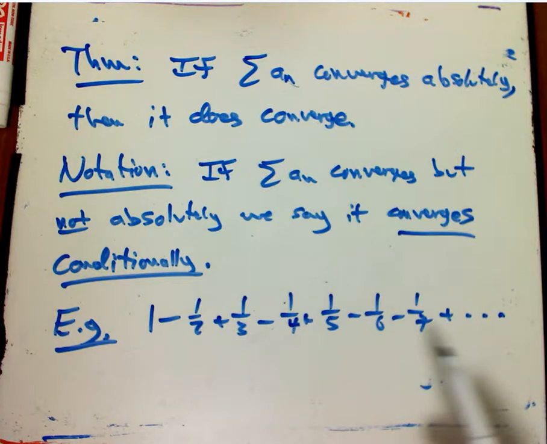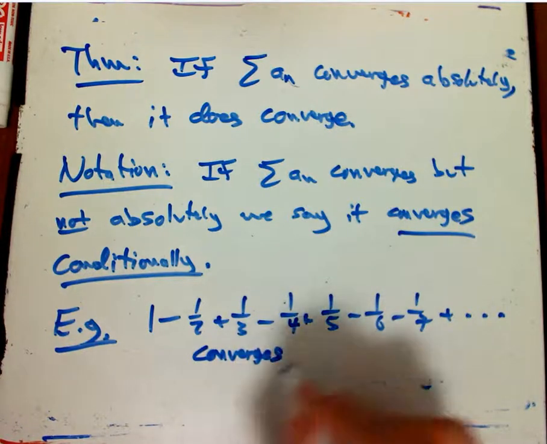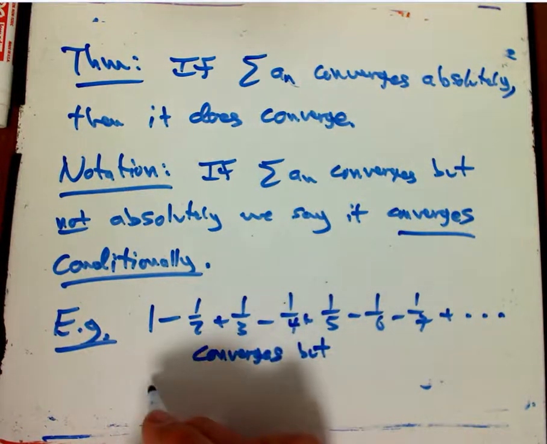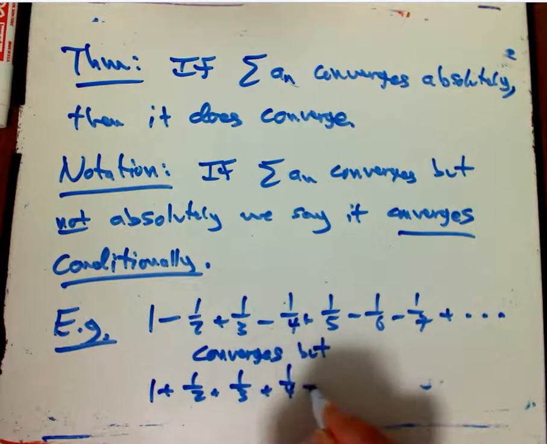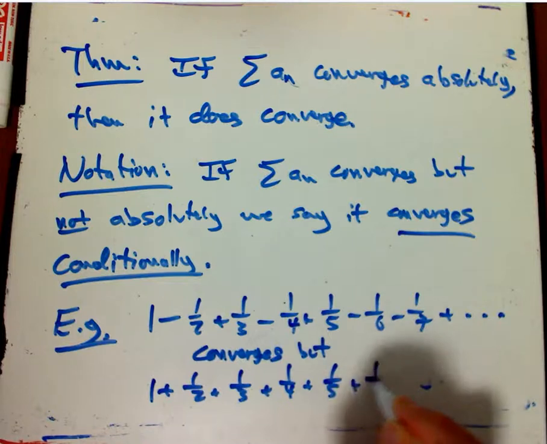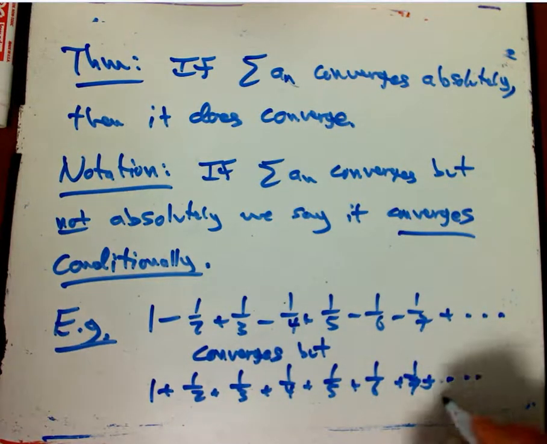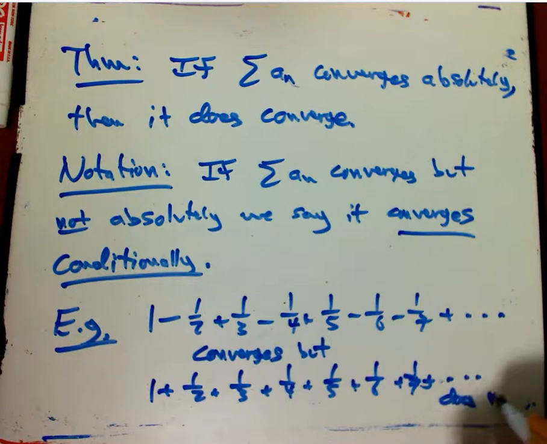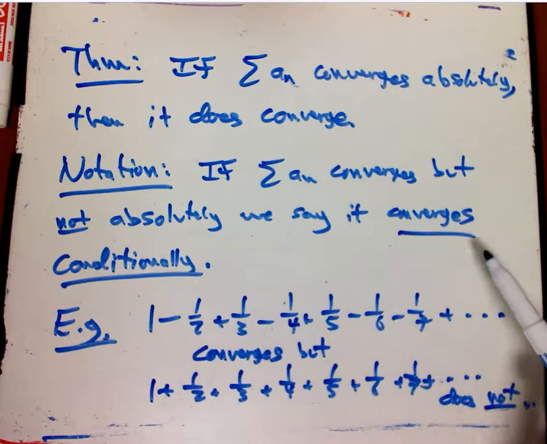And so this converges. But the reason it converges is because of the minus signs. If you didn't have the minus signs, and so this is exactly the modified series that you would create to test for absolute convergence, you get the harmonic series, and that's famously not convergent. So this is the one you always want to go back to as the simplest example, the most famous example of a conditionally convergent series.